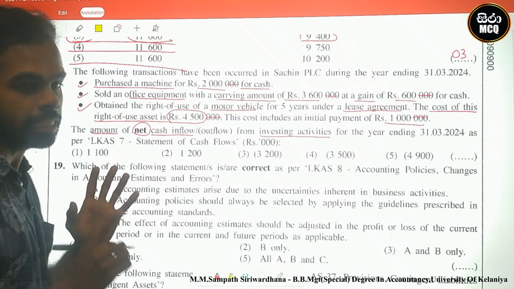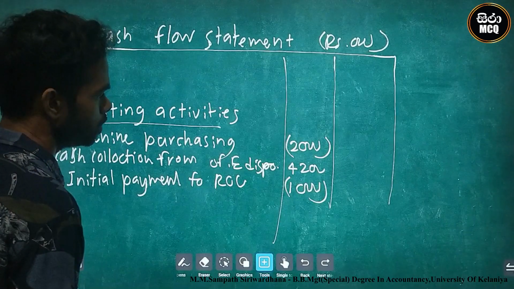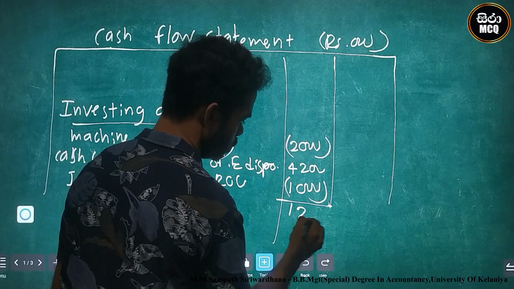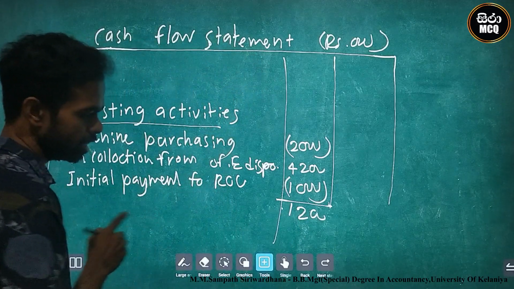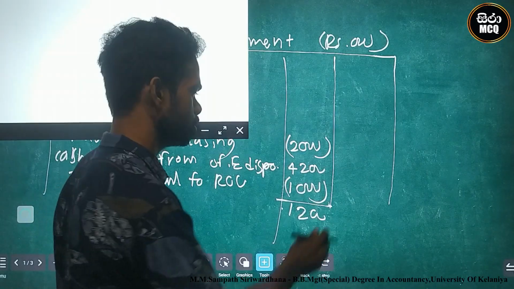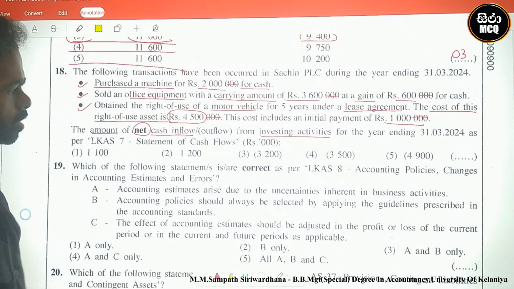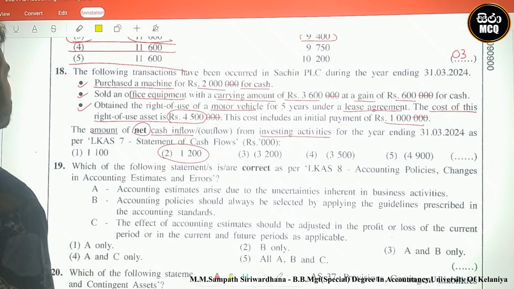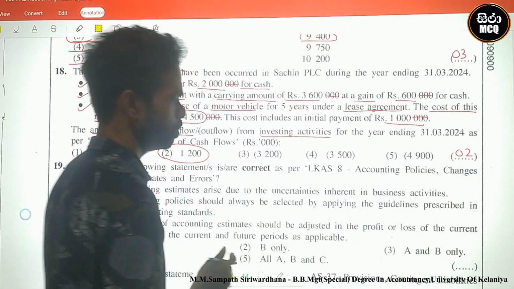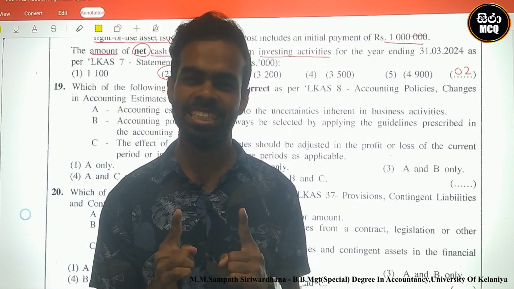Okay, we can calculate the net cash flow of the cash flow statement. Look here, what's the net impact? This is 3000 minus 1200. This is a plus amount, a generated one. 1200 is the answer, a plus value. The answer is 2 for question number 18. After that, we can discuss question number 19 in the next video.